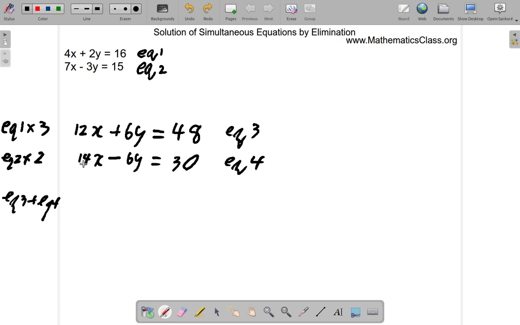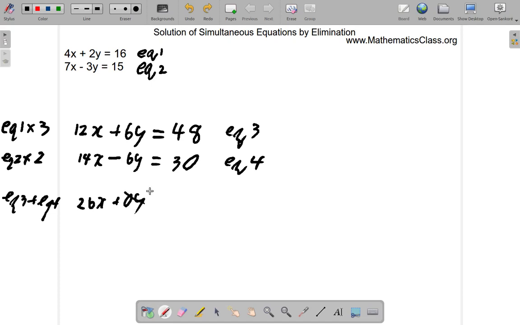We have to add the x parts, add the y parts, add the number parts. 12 plus 14 is 26x, because 12x plus 14x gives you 26x. 6 plus negative 6 is the same as 6 minus 6, and we have plus 0y.